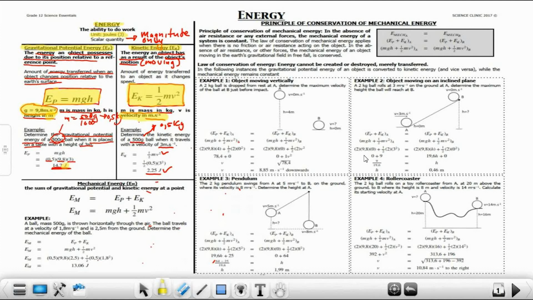If I am working with EK is equal to half mv squared, my mass must be in kg and my velocity must be in meters per second. So this is key in ensuring that we are working with the correct SI unit.